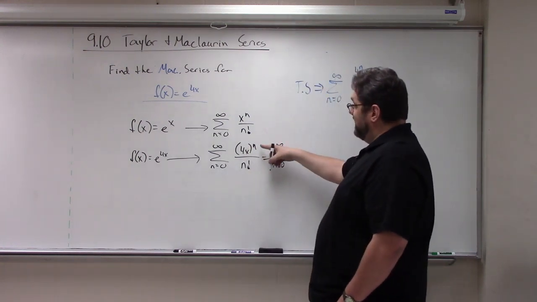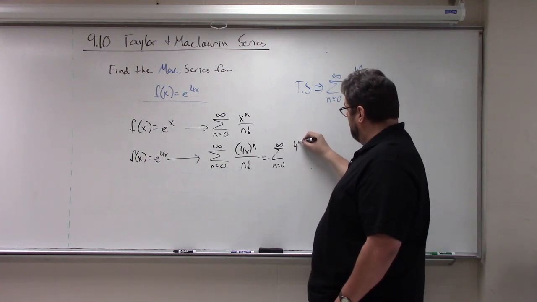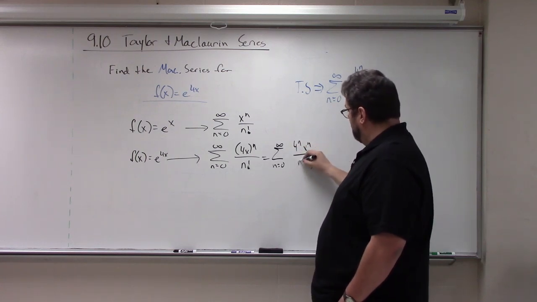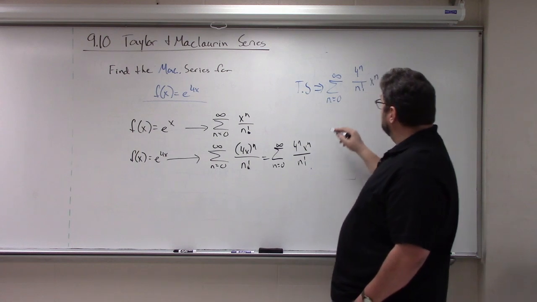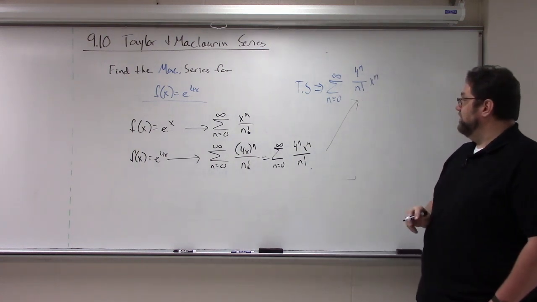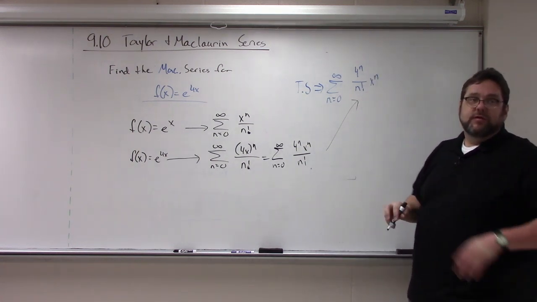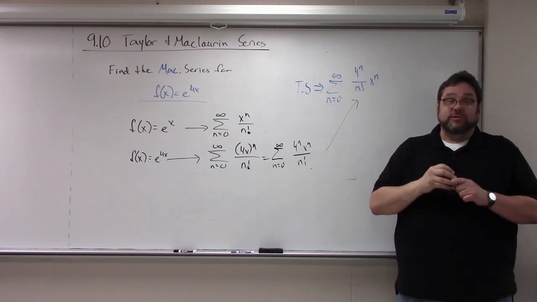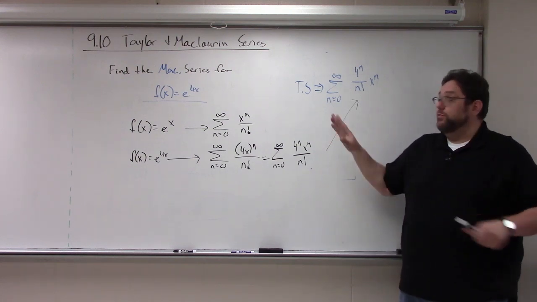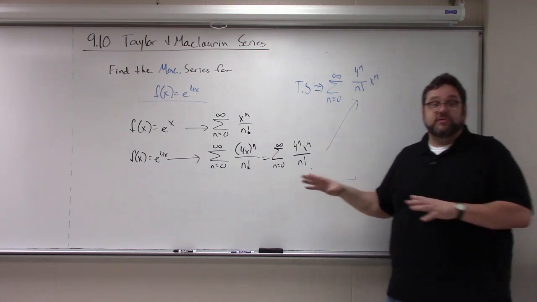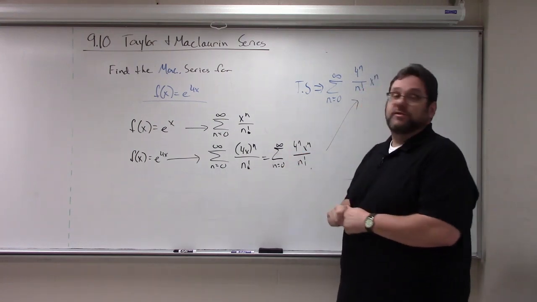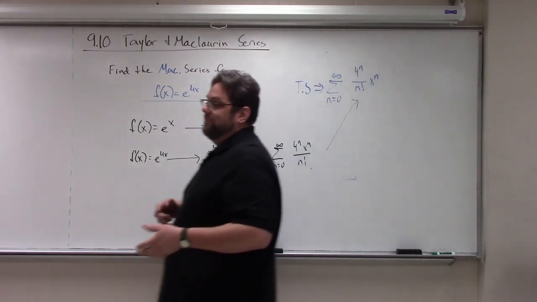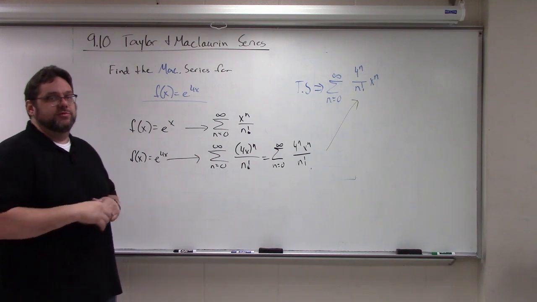That's 4 to the n, x to the n, which you can see is exactly the same thing we have there. So if you know a Taylor series that's very similar to what you want to know, you can substitute in and find the new Taylor series. That's very helpful. In fact, there are standard tables of Taylor series.